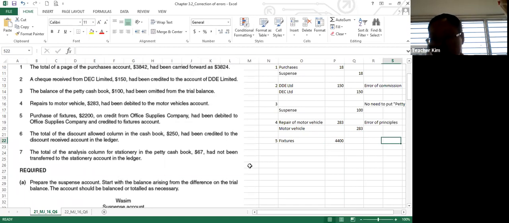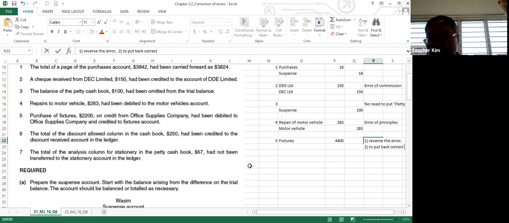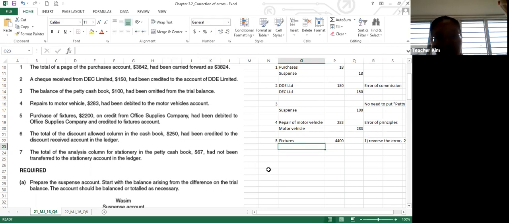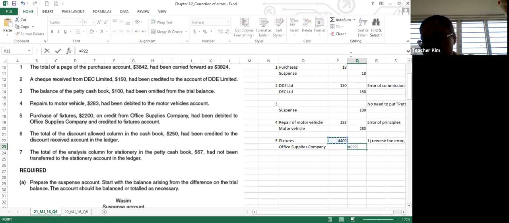Because one is to reverse the error, and then the second one is to put it back correct. So there are 2 entries, double up, and credit office supply company. So double up the amount.